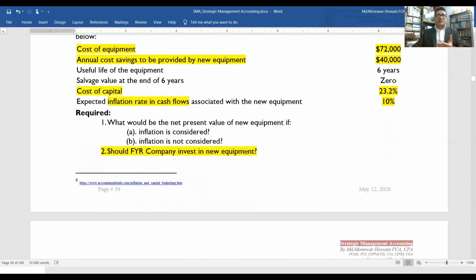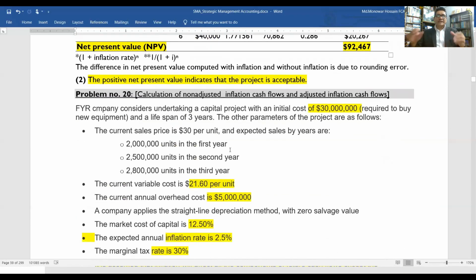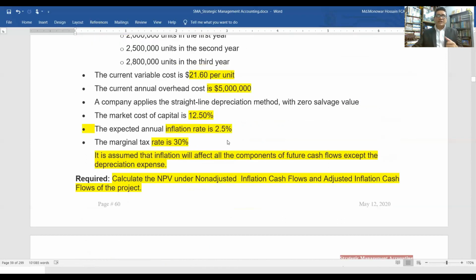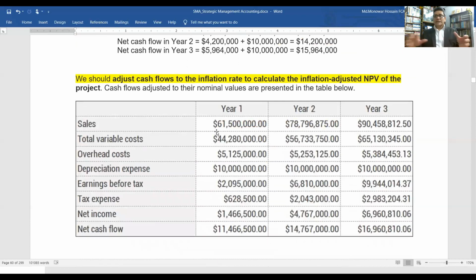Here we calculated the NPV with inflation considered and without consideration. In another problem, we solved the calculation of non-adjusted and inflation adjusted cash flow. And here we have seen that the NPV of both methods gives the same result, sometimes with only a rounding difference.